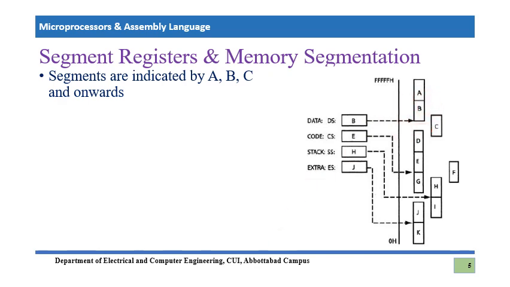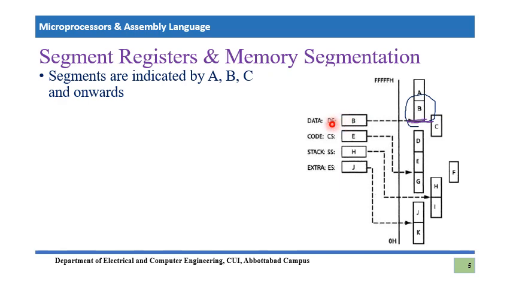And as I explained in the last slide, here again if you see, this is the B segment, and this is the minimum address or the lowest address of the B segment. This lowest address is being pointed to by this data segment register.